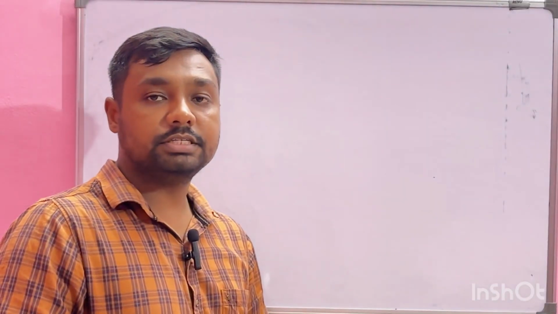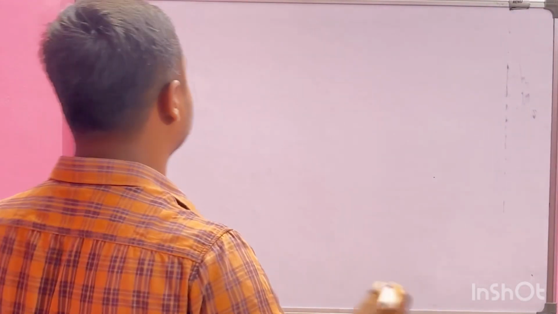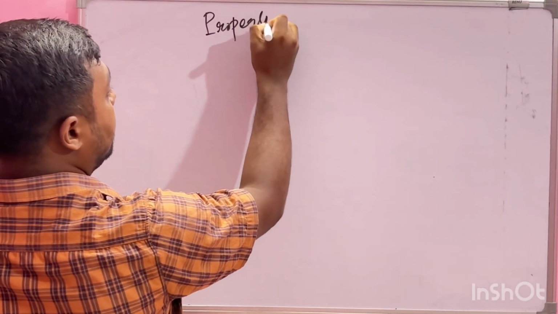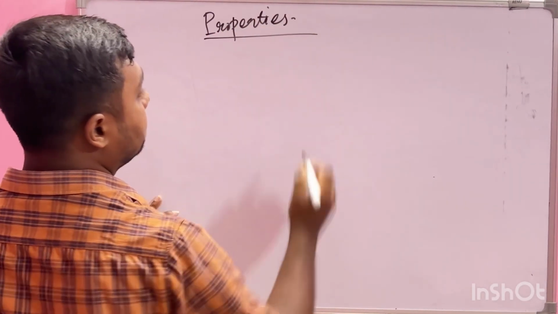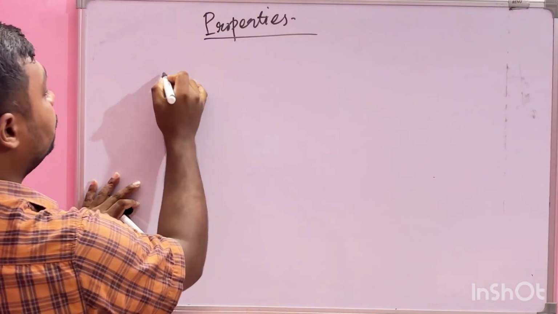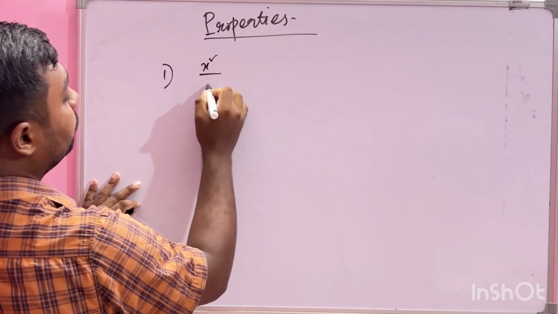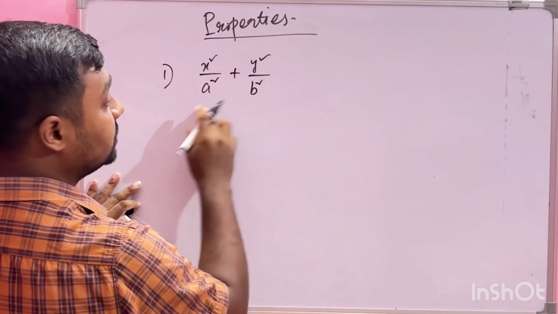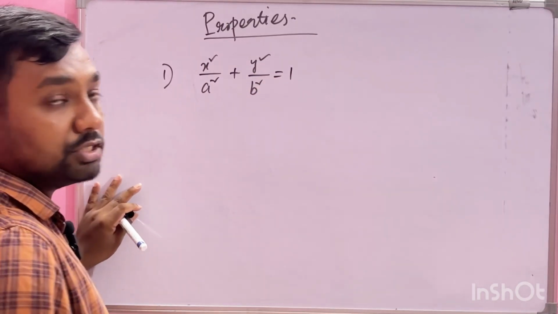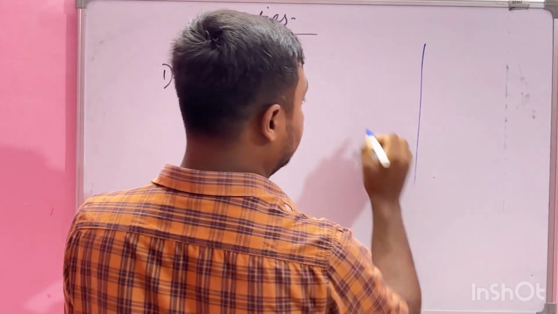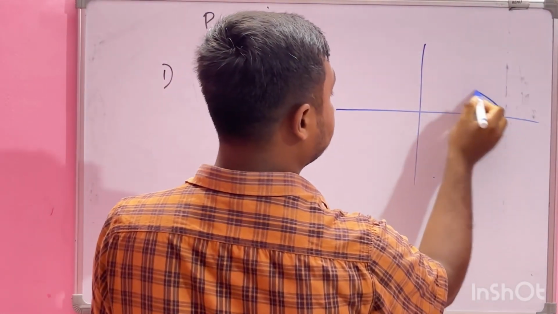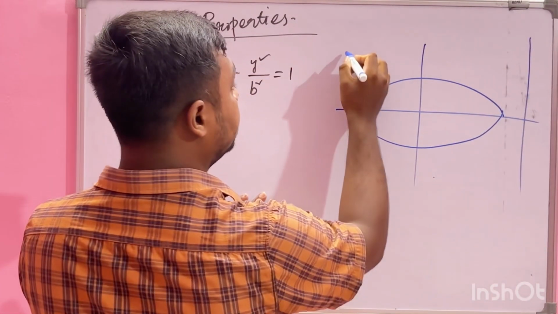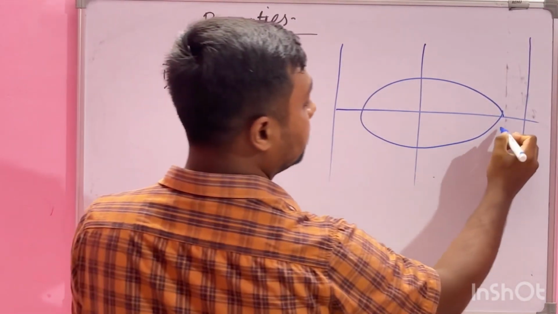Let's discuss some properties of the ellipse. First property is, for this ellipse x square by a square plus y square by b square equal to 1. So see, this is the ellipse, and this is the directrix, and this is also the directrix.